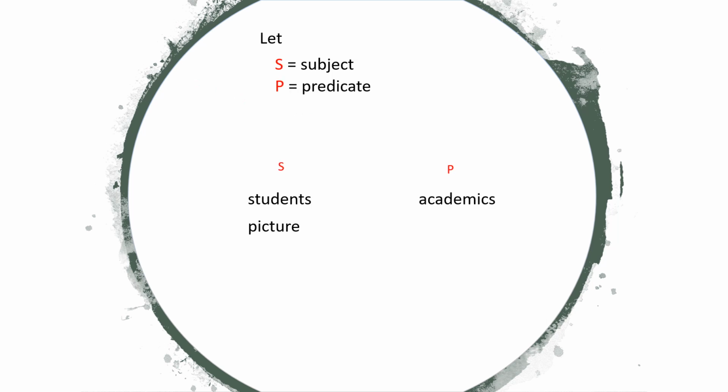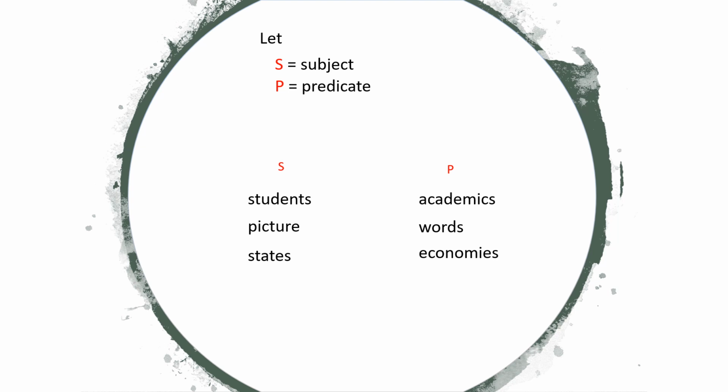Still, we follow the same process, but with more highlight on the terms themselves. So the terms students, picture, states are subject terms, and the terms academics, words, and economies are our predicate terms.